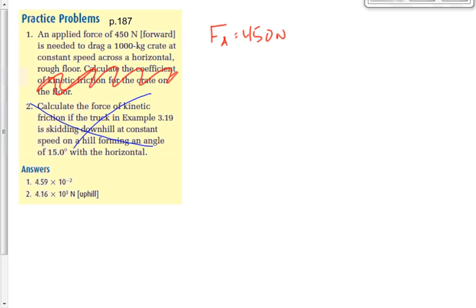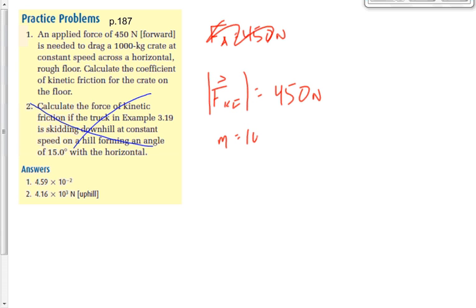If it was accelerating, we wouldn't know the force of friction. But since it's moving at a constant speed, we do know the force of kinetic friction. It's negative 450, although I'm going to only record the absolute value of it, or the magnitude of it. We got a mass of 1,000 kilograms here, and we want to find the coefficient of kinetic friction there. The equation that I use for kinetic friction is this.